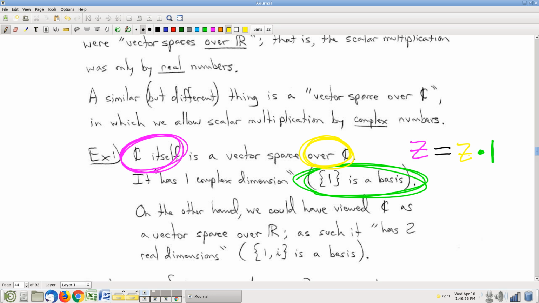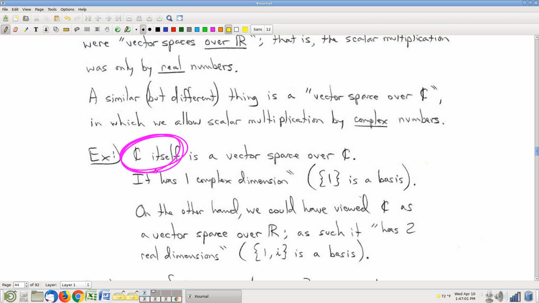Now, if you don't allow complex scalars, if you stick to the rules, as it were, and require using only real scalars, then you need 2 vectors to form a basis, and it's not hard to persuade yourself that every complex number Z, if you want to write it as a linear combination of these basis vectors 1 and i, then those scalars are the real part a and the imaginary part b.